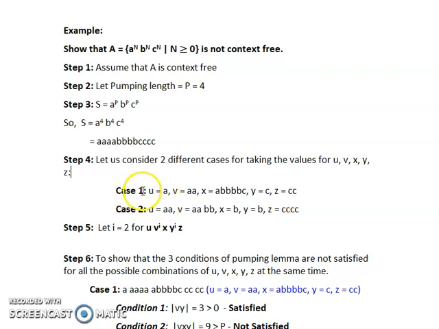According to case 1, we are taking u as a, v as double a, x as a, 4 times b, c, y as c and z as double c. In case 2, we have considered u as double a, v as double a double b, x equal to b, y equal to b and z equal to 4c. You can take other cases also.